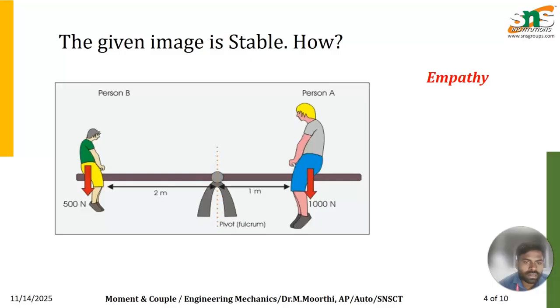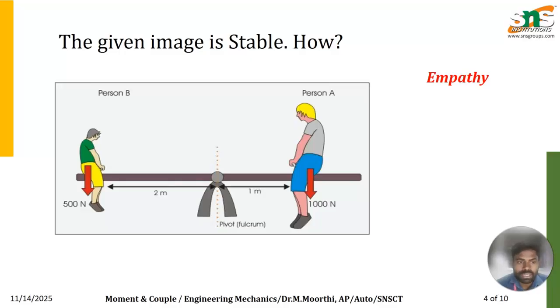On the left side of the reference point, we have a 500 Newton force acting. At the same time, on the right side of the reference point, we have a 1000 Newton force, where a person is sitting, and we are calculating the moment of both weights. On the left side, we have 500 Newton acting at a distance of 2 meters from the reference point, and the moment is the force times the perpendicular distance.